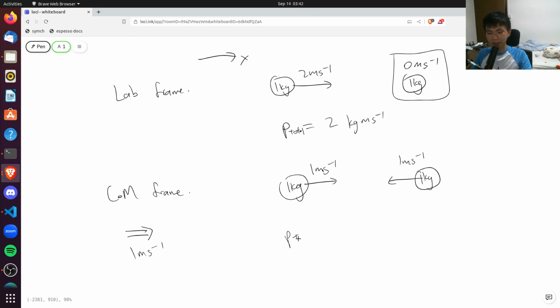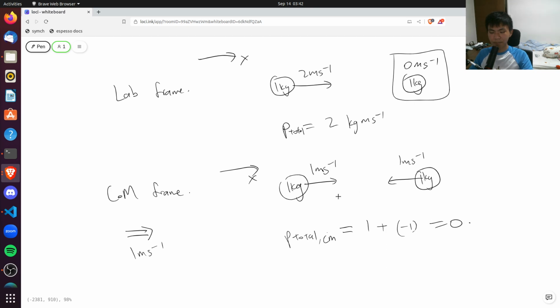We see that total momentum in the CM frame, so I'll put comma CM here to emphasize that I'm in the center of momentum frame. What is this over here? Taking rightward as positive, we have 1 times 1, plus this one, but it's in the opposite direction, so this is minus 1 times 1, and this is 0.